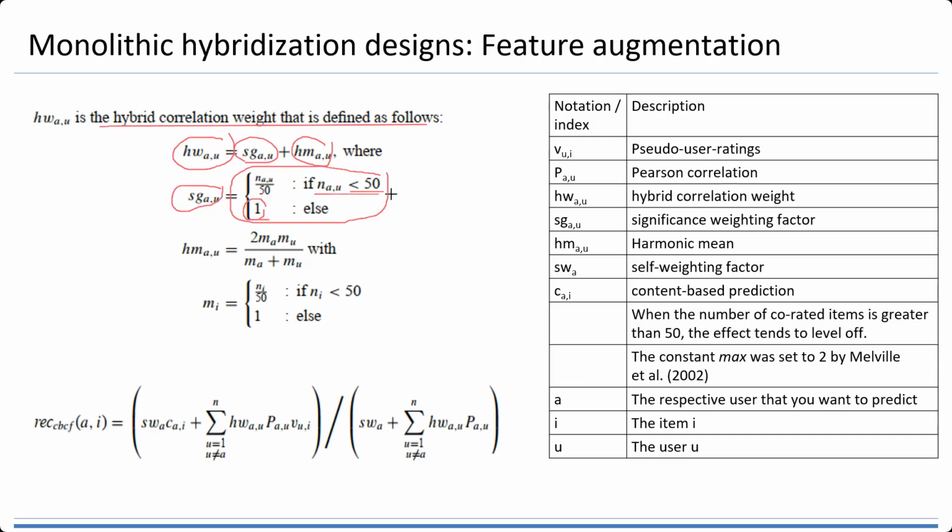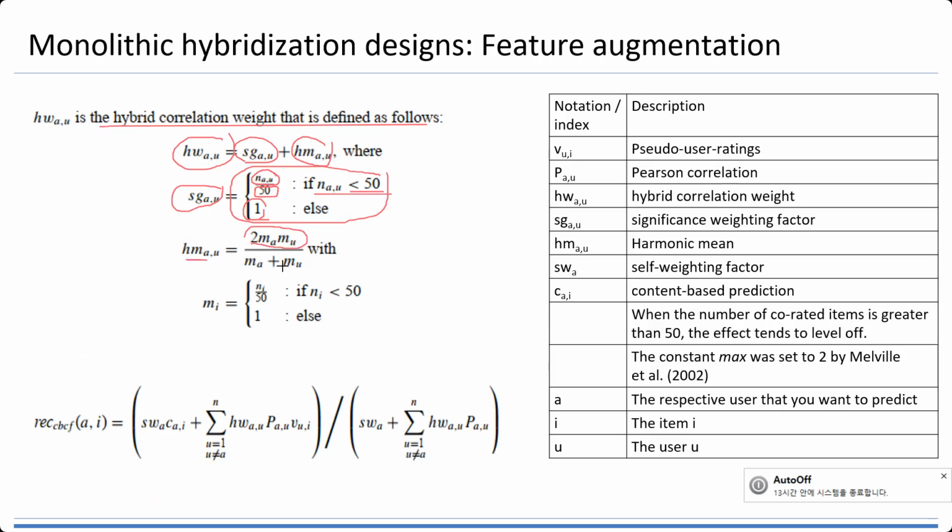If it is lower than 50, we will divide the number of correlated items of user Alice, or A, with another user, divided by 50. HM is 2 multiplied by MA MU divided by MA plus MU.